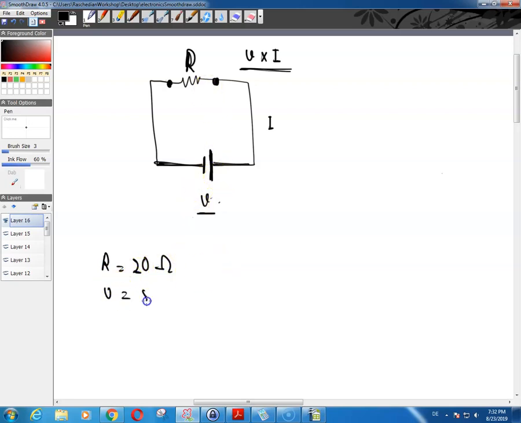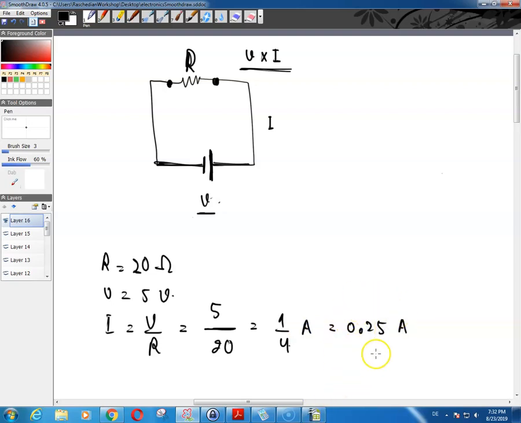So now the current going through your resistor is I equals V over R, which is equal to 5 divided by 20, which is equal to 1/4 amp, which is equal to 0.25 amps.